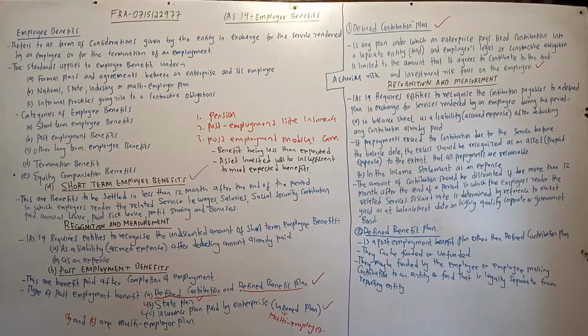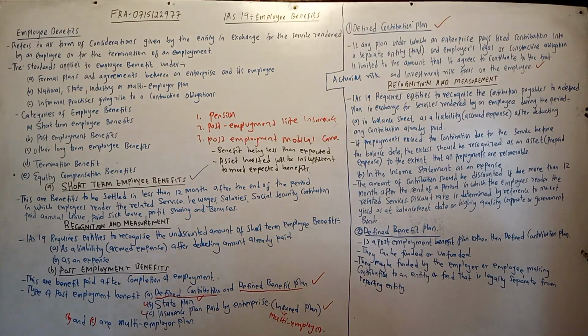That's what we need to know. Actuarial risk refers to the risk of the benefits being less than expected, and the investment risk refers to the risk of the invested assets being insufficient to meet the expected benefits.